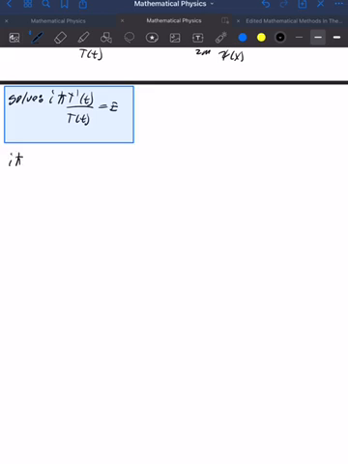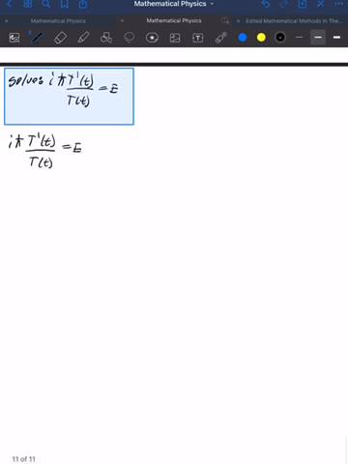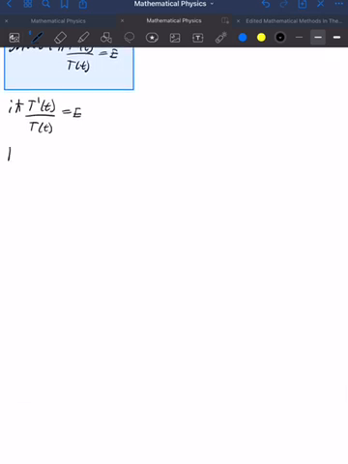If we rearrange this to get an expression explicit for T prime of t, we get T prime of t is equal to E over i h bar times T of t. All I did is multiply by T of t and divide by h bar so that I can isolate T prime of t.